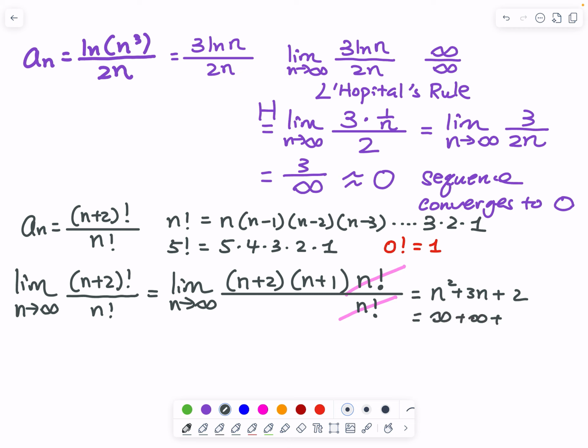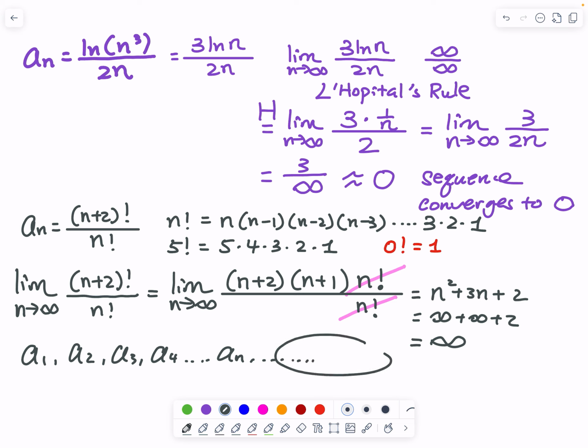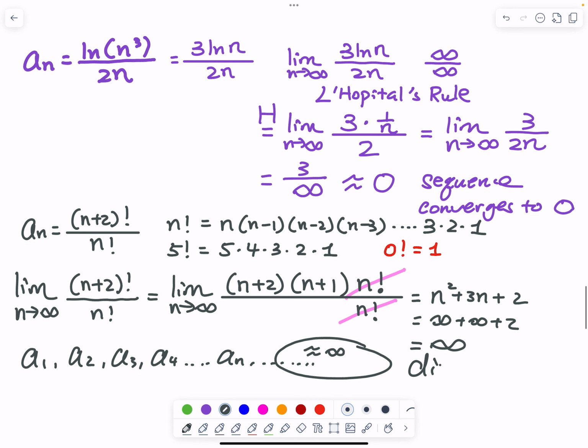So starting from a1, then a2, a3, a4, all the way to a_n, and you keep on going. As you look all the way to the right, these terms are nearly infinity. Those terms are really big. Therefore, this sequence diverges.